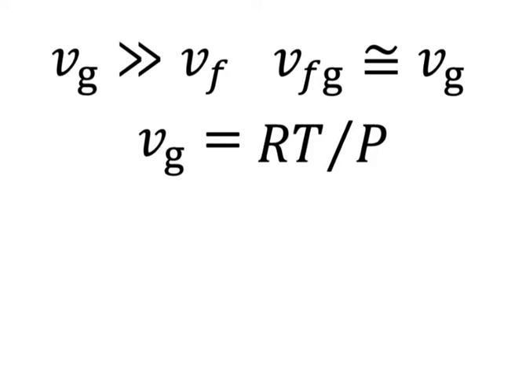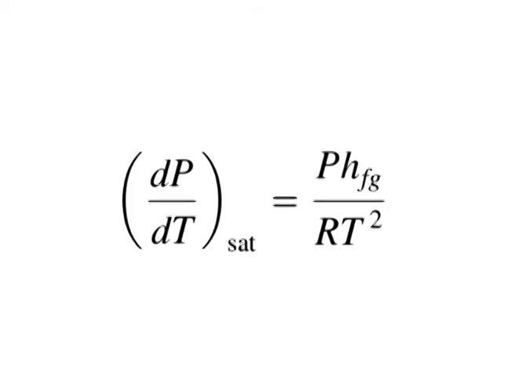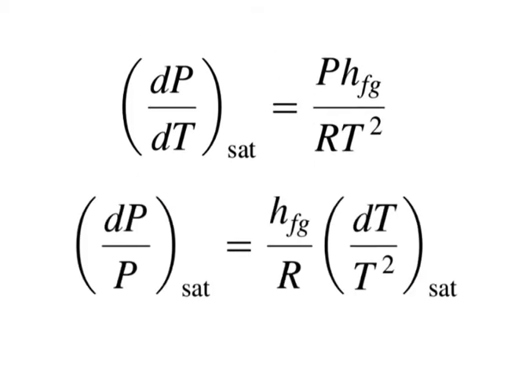Substituting these approximations into the Clapeyron equation, we find dP/dT at saturation is equal to P Hfg divided by RT squared, or dP/P at saturation is equal to Hfg/R times dT/T squared at saturation.